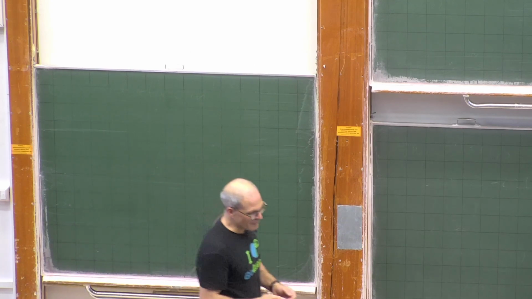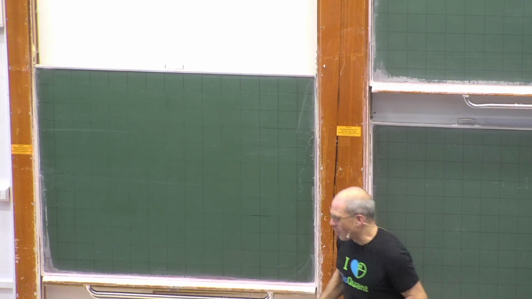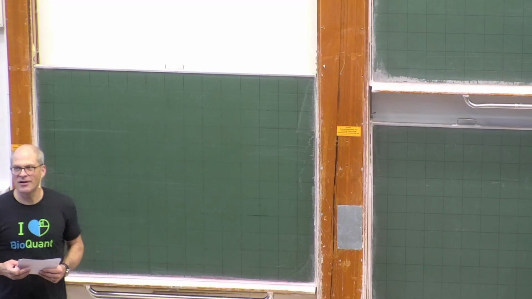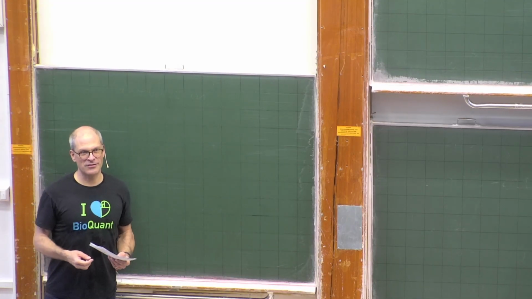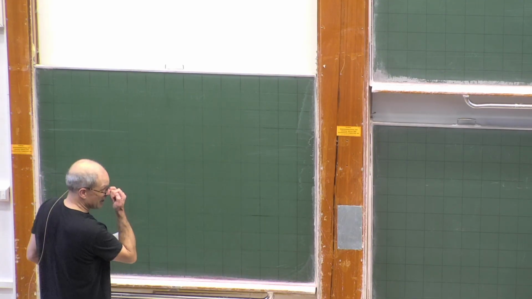And I want, by the end of today, to arrive at the loss function that is typically used when training neural networks for classification. Yeah? So the cross-entropy loss, and today we will see where it comes from.